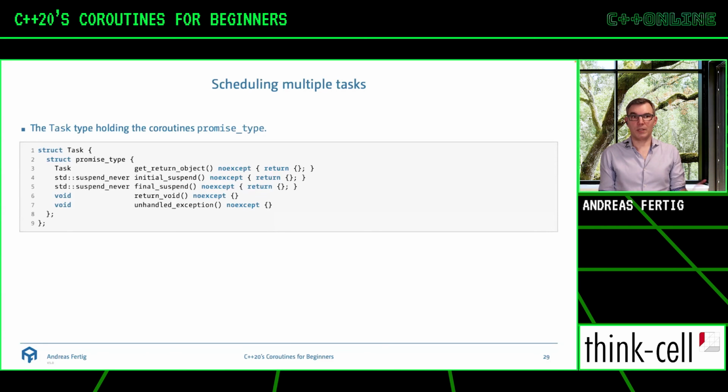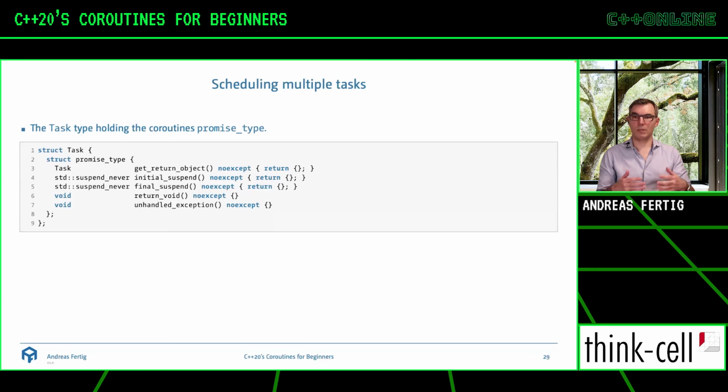They all practically do nothing because we have no co_yield in it and nothing else. The co_await is deferred to my scheduler practically. I have a return_void there. I don't handle exceptions and so forth. get_return_object is also easy because I have a default constructor in there. So everything is very simple.